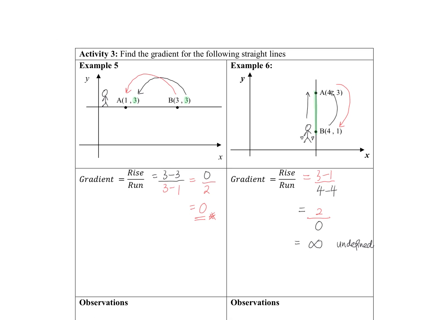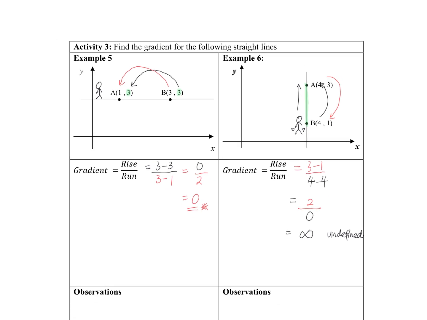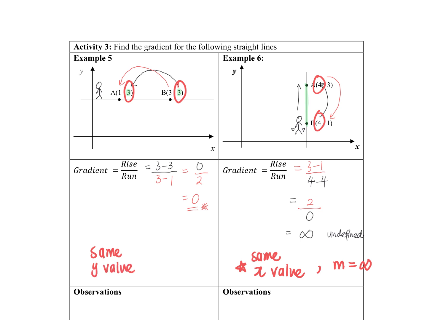So what I want to highlight here is, when your x value is the same, you know that your gradient is undefined. Undefined means impossible. But when your y value is the same, then your gradient is 0.